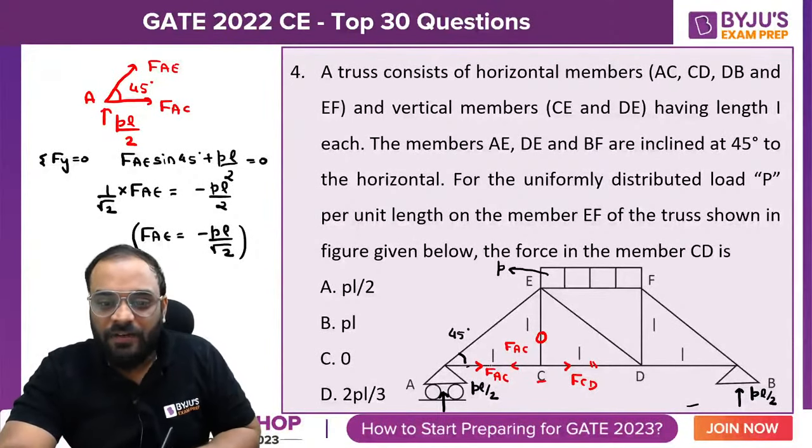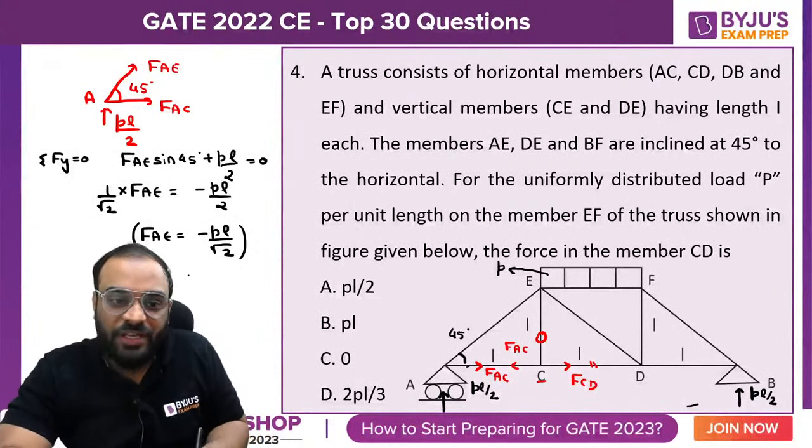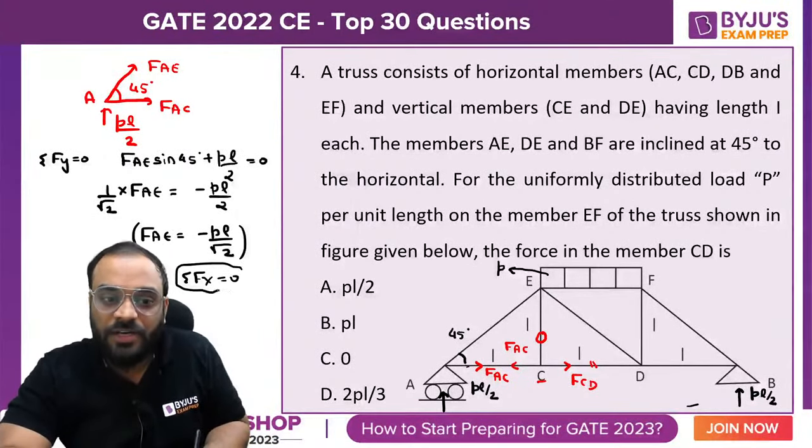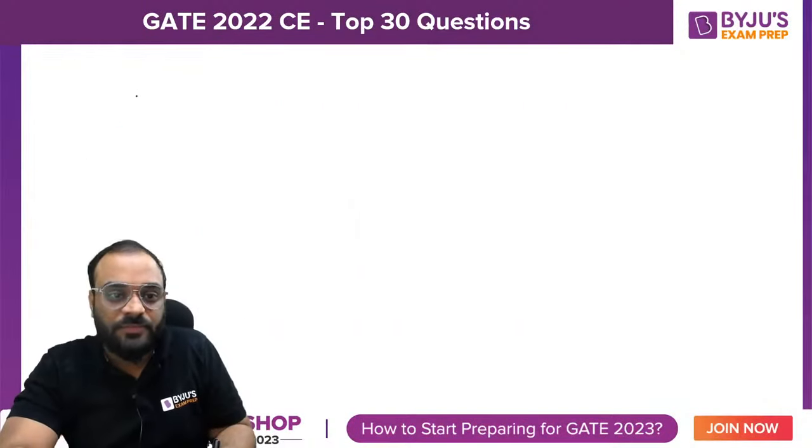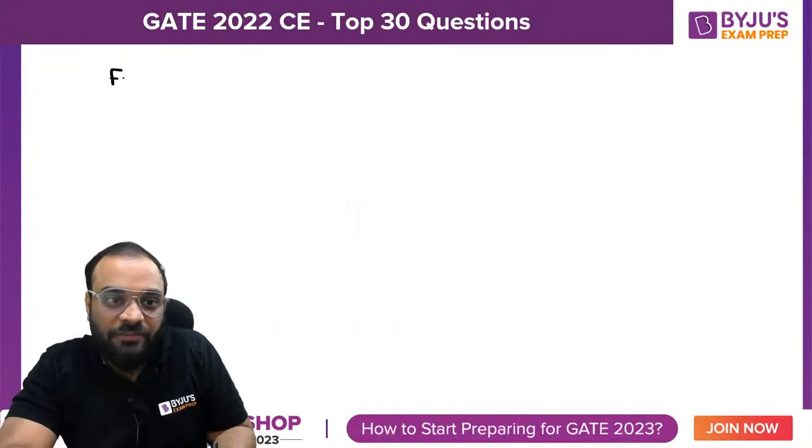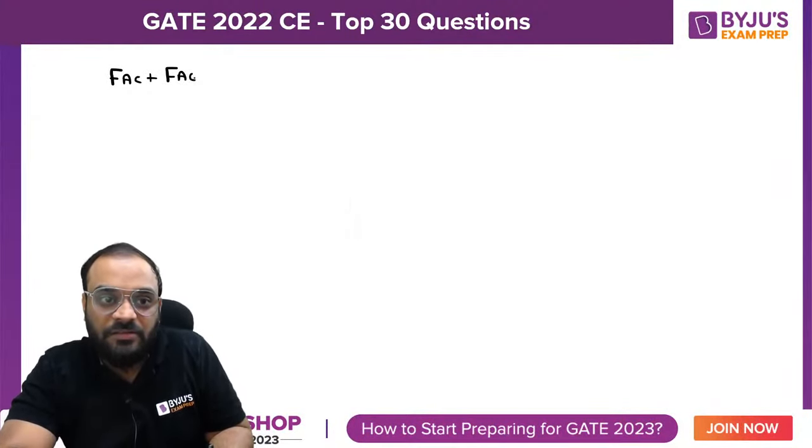Now, guys, our task is to find out AC. So can I say that summation Fx is equal to 0? Another equation. Summation Fx is equal to 0. So FAC plus FAE cos 45 degree, and it should be 0.